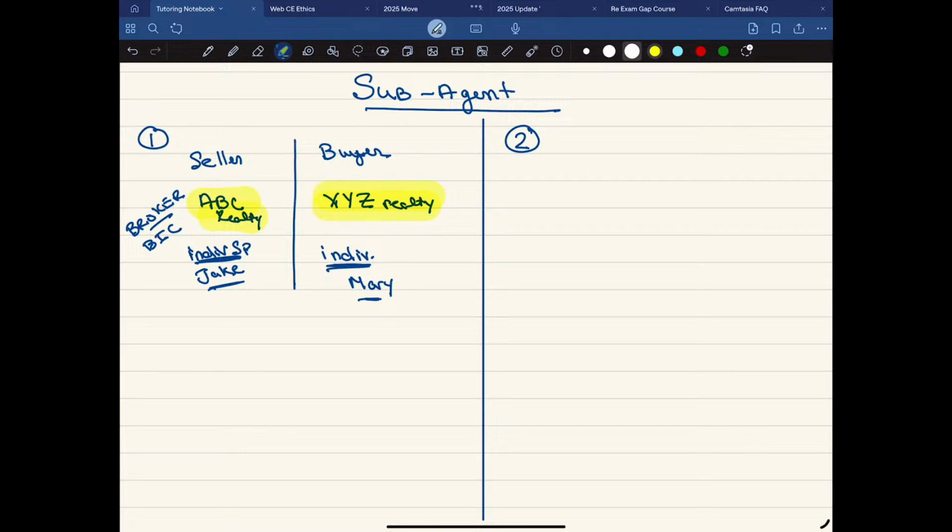That means Mary is a sub-agent of XYZ, and Jake is a sub-agent of ABC, because it's an agent of an agent. The contract is between the seller and ABC. That's one way to look at subagency.